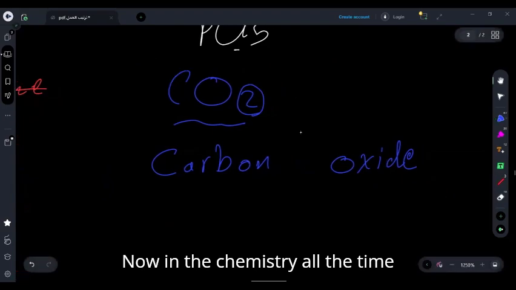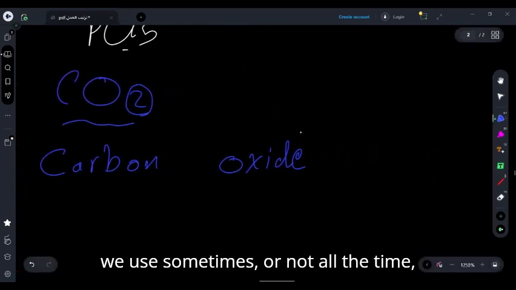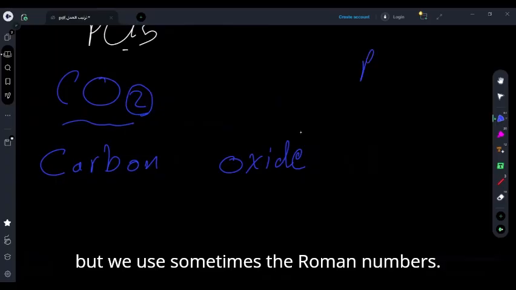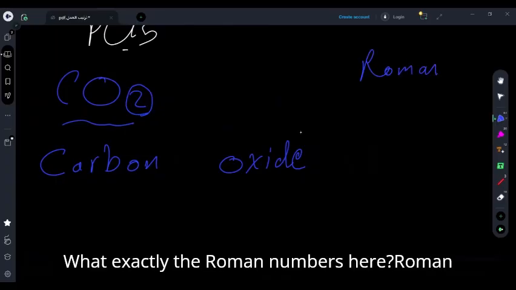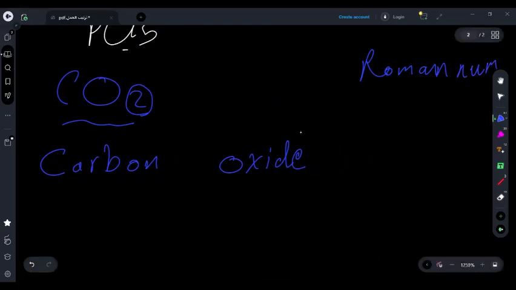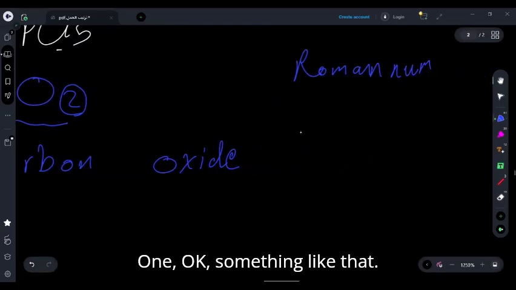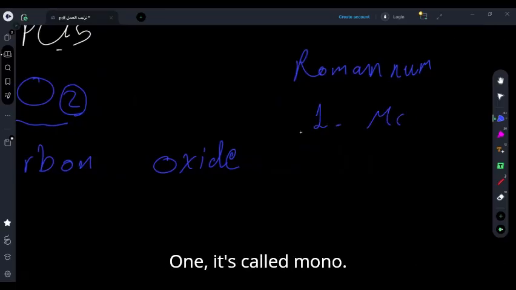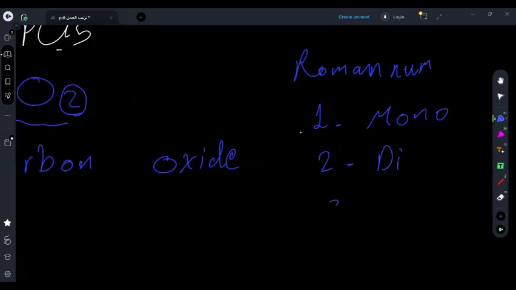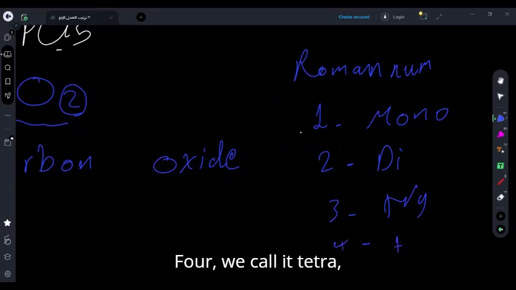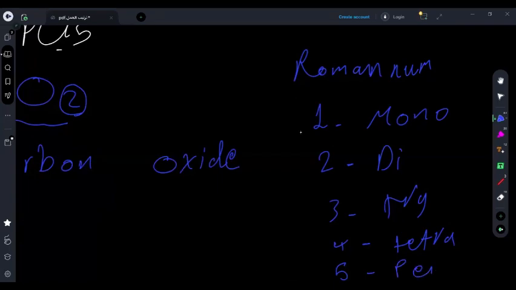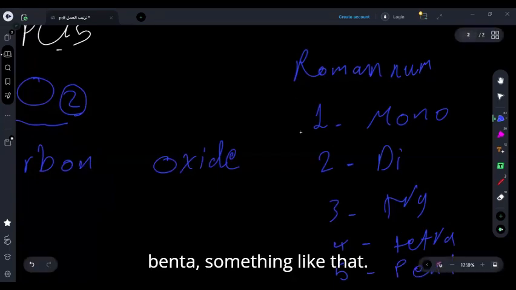Now, in chemistry, we sometimes use Roman numbers. What exactly are the Roman numbers here? 1 is called mono. 2, we call it di. 3, we call it tri. 4, we call it tetra. 5, we call it penta.